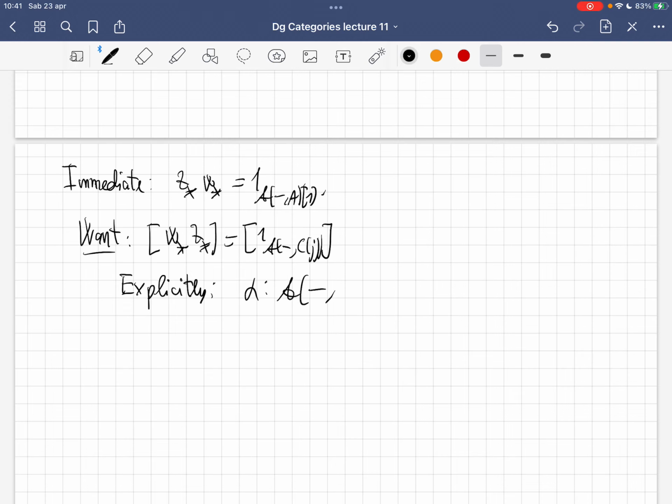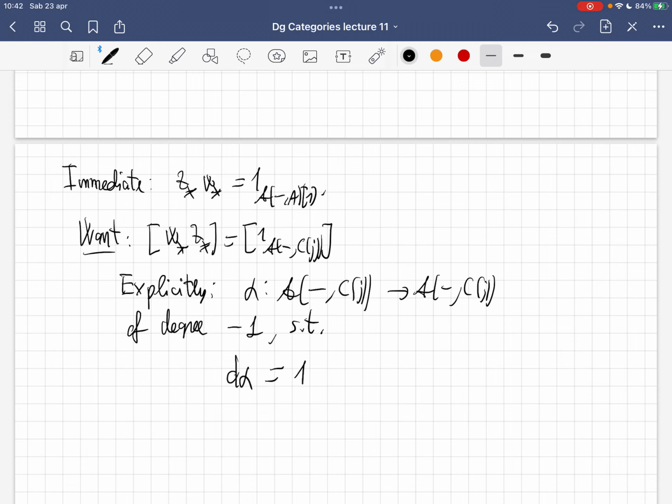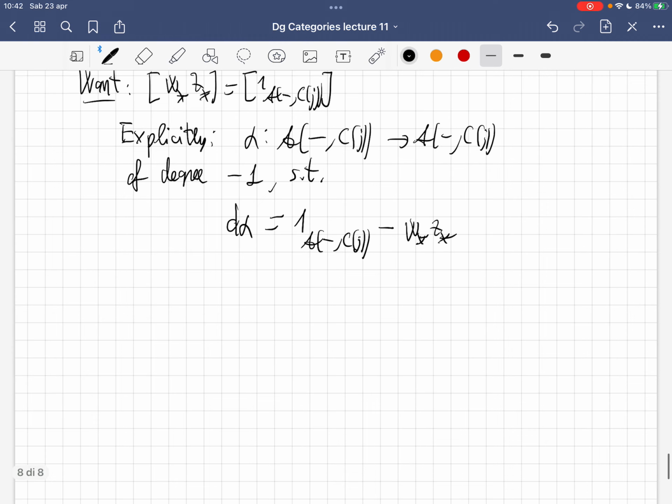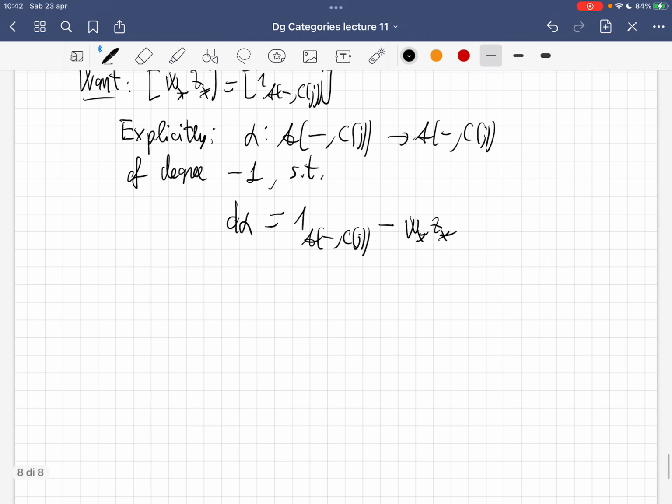alpha of degree -1 such that alpha is going to be the identity minus this thing. Again, I give you the solution, but this is the unique possible.